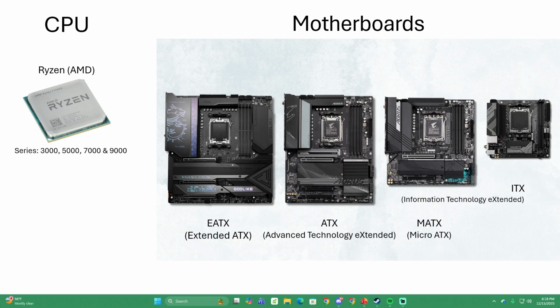So it'll be 7500, meaning it's a Ryzen 7000 series, and it's a Ryzen 5. That's all that means, just so you guys can get a brief understanding of how CPUs work. And I will also explain in a sec what that means for the motherboard, because your type of series you get is going to dictate what kind of motherboard you're going to need.